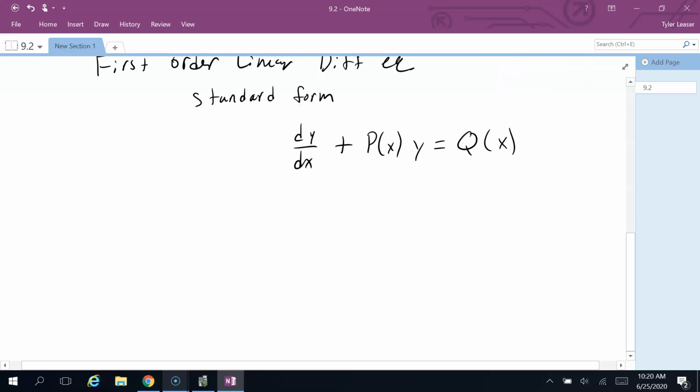Okay, so let's talk about how to solve these things. And it's going to take me a little bit to set this all up. So let's say you're given a differential equation in this standard form.